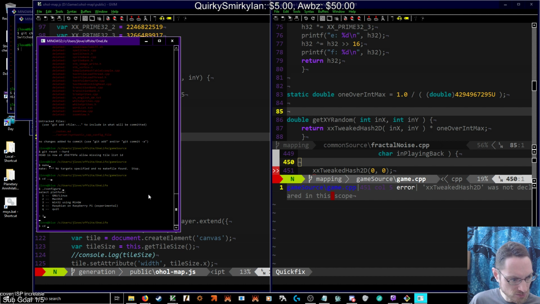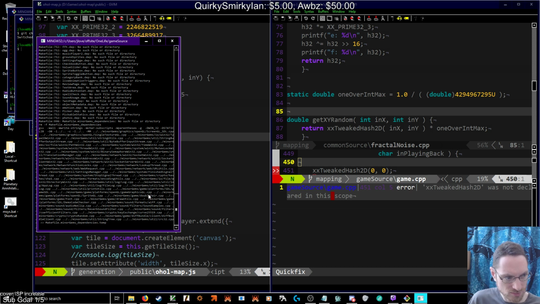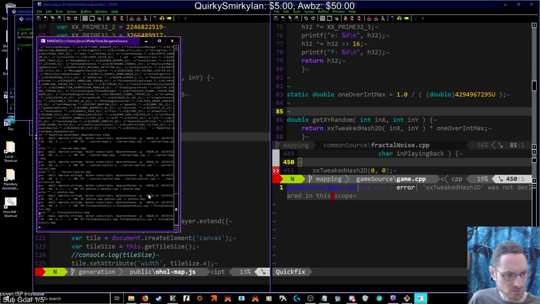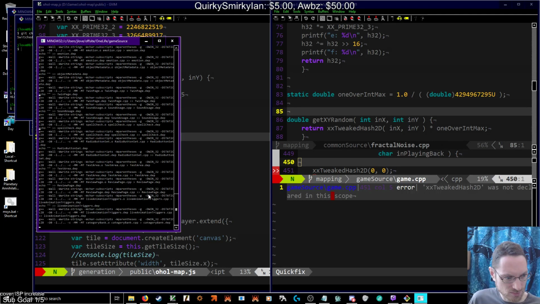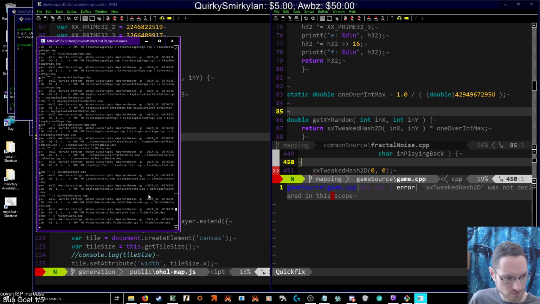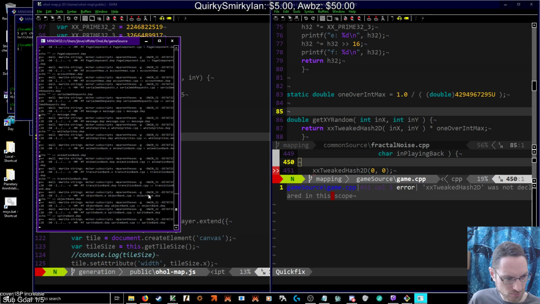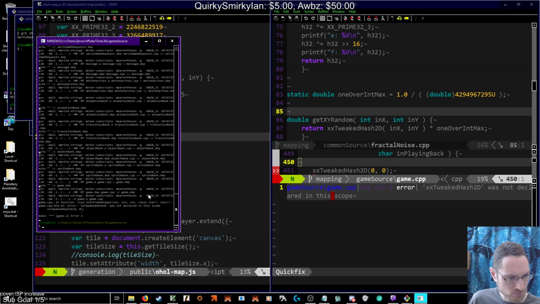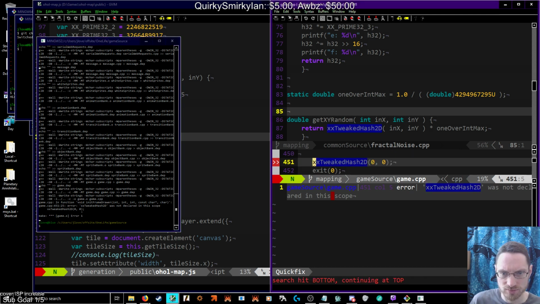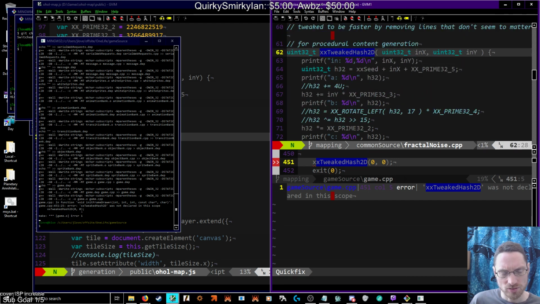And 32. Not declared in this scope. That's why I put it in the header file.